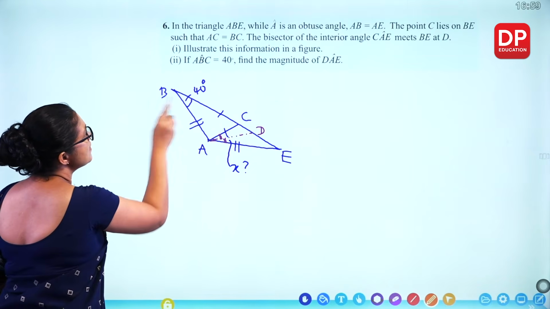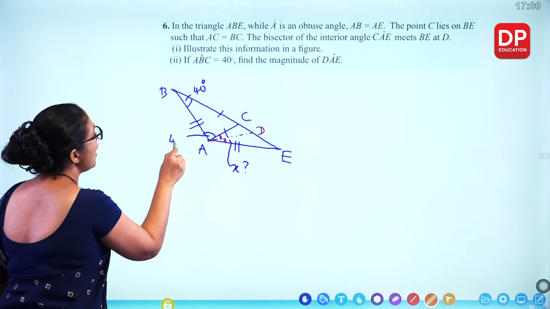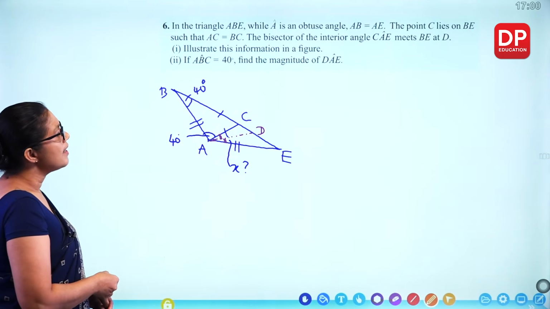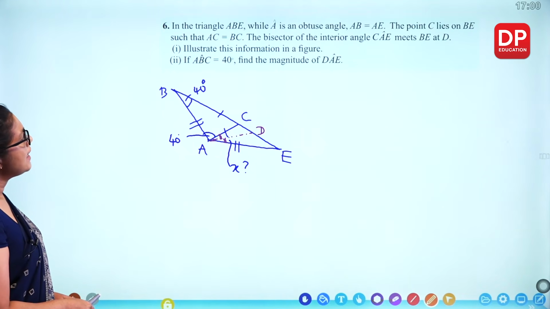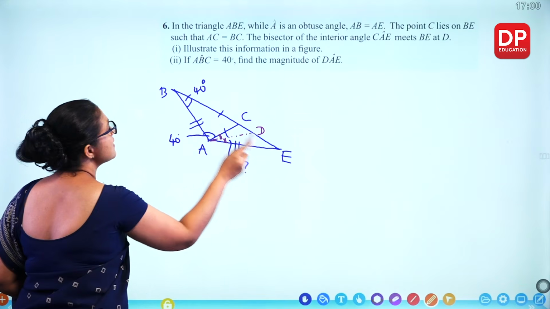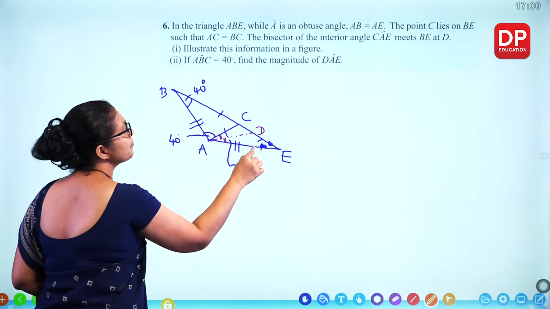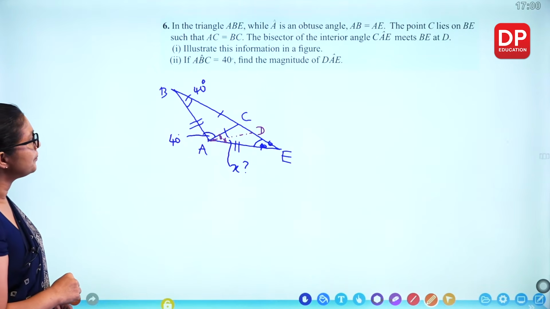We know this is 40. That means this should be 40. Why? It's given AC and BC are equal, so that's an isosceles triangle. And here again we know this side is equal to this side. So if this is 40, this should be 40. That's also a property of an isosceles triangle.